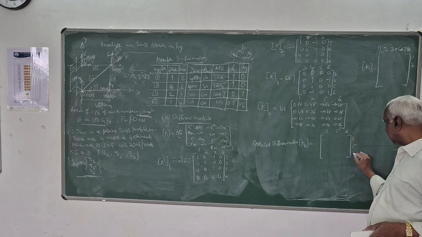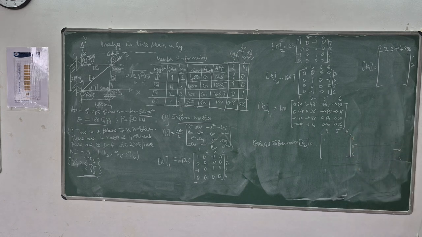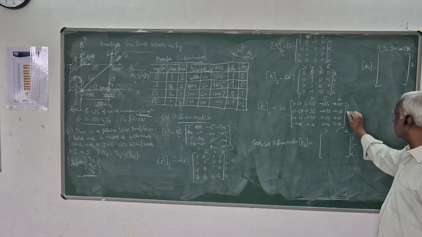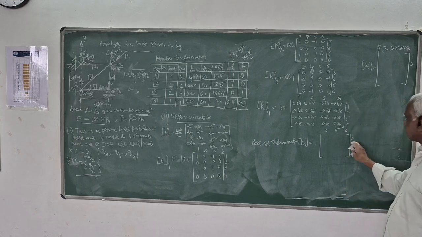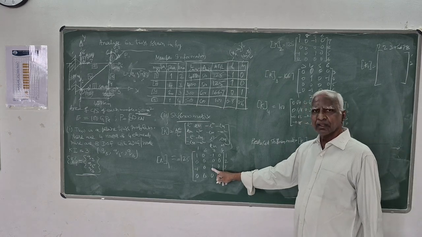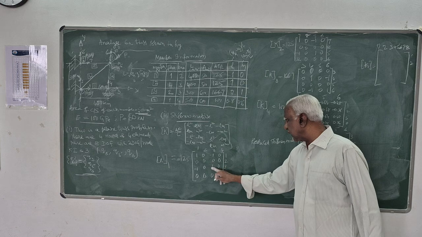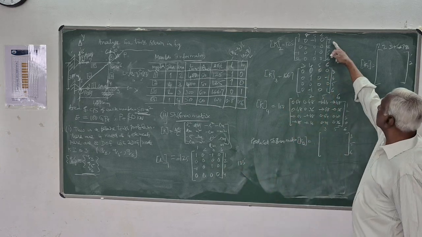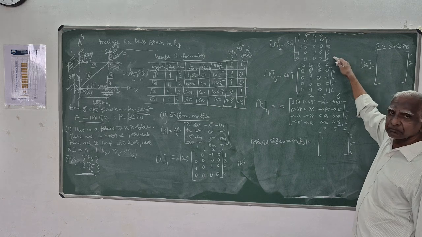3, 5, 6. So that means 3, 3. First element 3, 3. You have 3, 3 here. That is 125 into 1. 125. Then here you don't have 3.